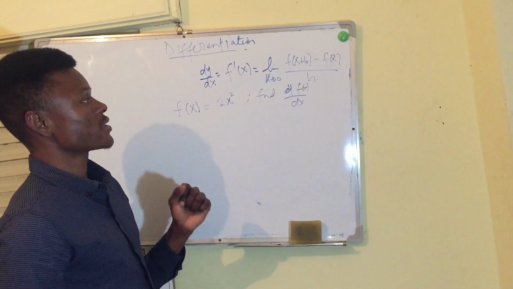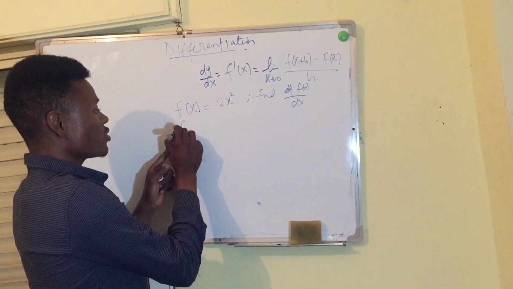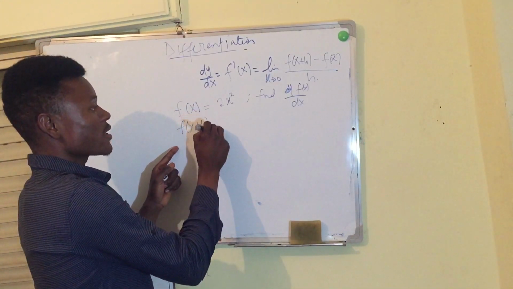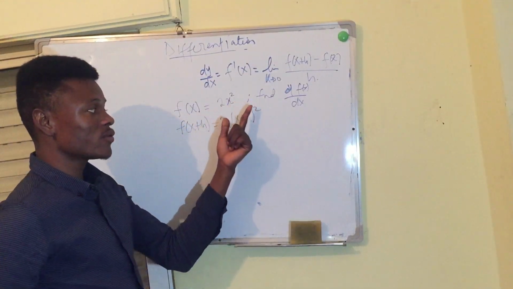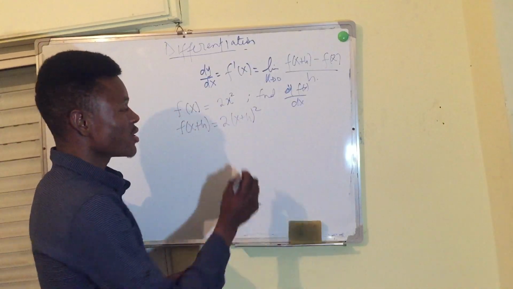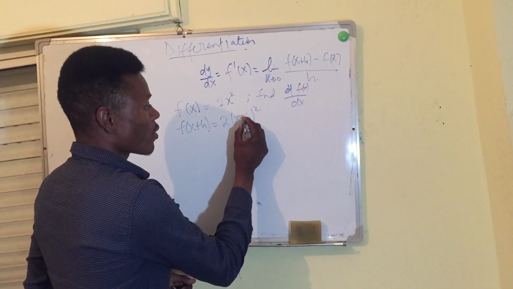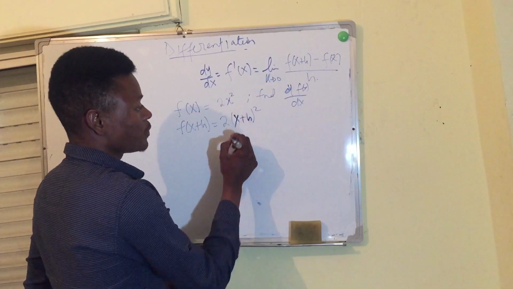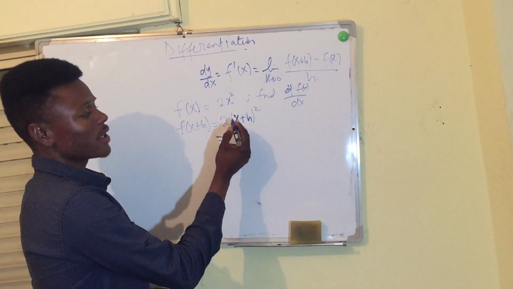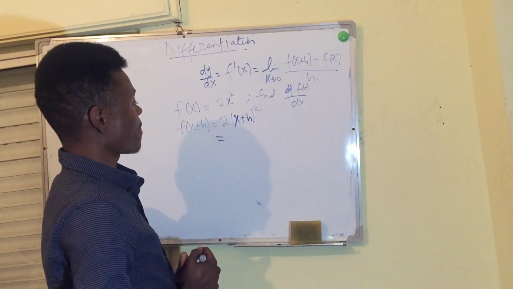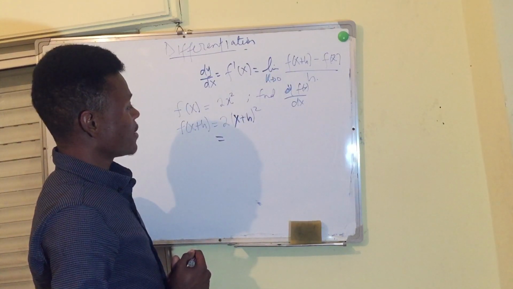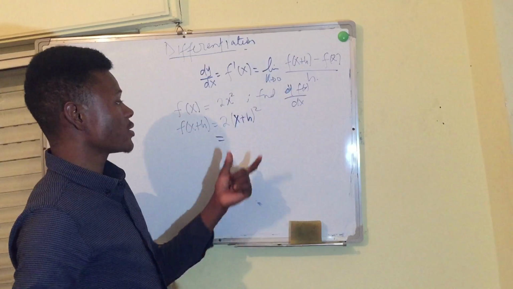Saboda mun san f of x. Me f of x plus h, za mu je da inda x take mu cire ta mu sa x plus h. So instead of 2x square muna da 2x plus h square. Alright? So now semi expansion, me making this into the simplest form probably. No, this is the simplest form.